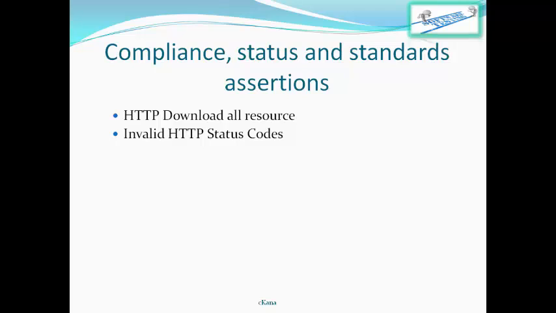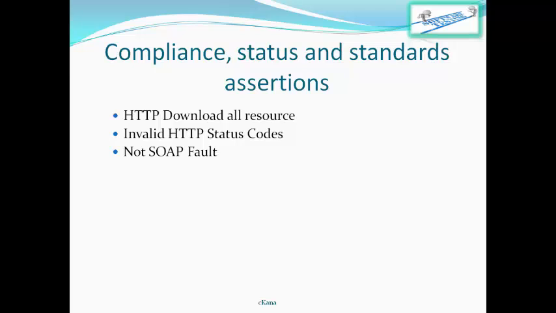Invalid HTTP status codes. This assertion checks that the target test step received an HTTP result with a status code not in the list of the defined codes. This is applicable to any test step that receives HTTP messages. Not SOAP fault. This validates that the last received message is not a SOAP fault.